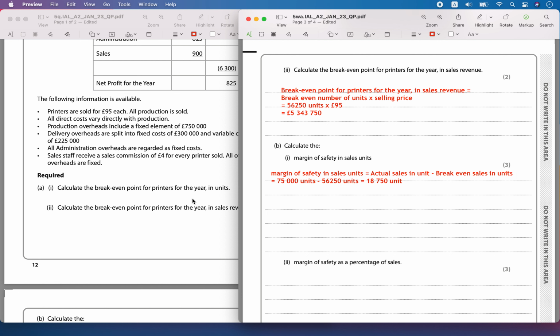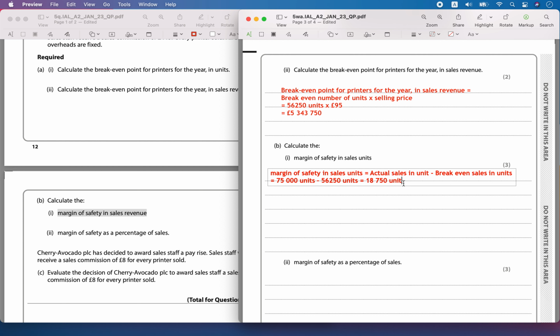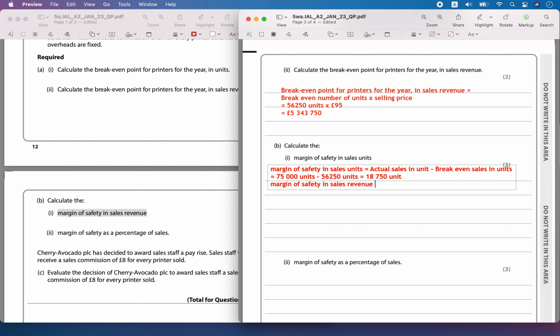This is the margin of safety in units, by how much it can fall till you reach the break-even point. Now you need to calculate the margin of safety in sales revenue. You calculate both and give. So margin of safety in terms of sales revenue is equal to the margin of safety in units times the selling price.